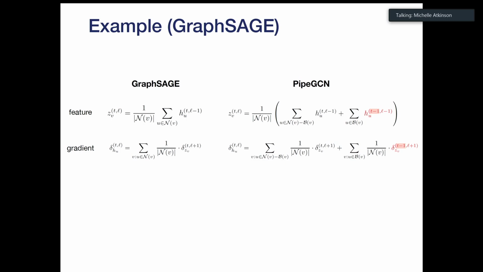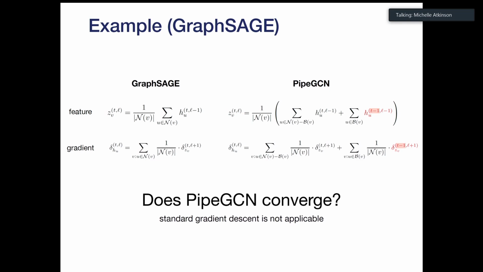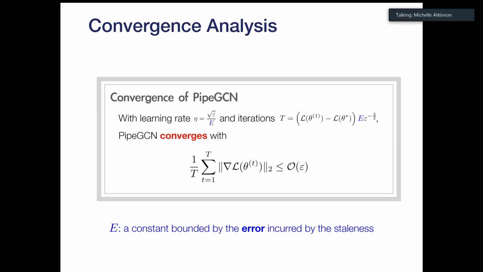And now we have a critical question. Because we are not using a standard backward propagation and it's not a standard gradient descent, does PipeGCN converge? And our answer is yes. In our project, we proved that PipeGCN converges and the convergence speed is proportional to epsilon to the power of minus 3/2.